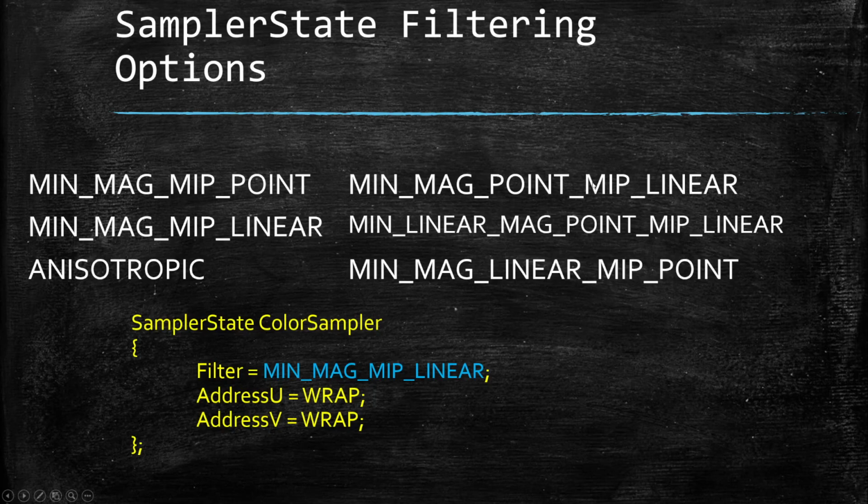All right, now you could break it up if you wanted to, or if you had to. You could say, okay, make the minification and the magnification point and make the MIPPing linear. Or you could make the minification linear, the magnification point, and the MIPPing linear again. I don't know why you would, but like I said. Or you could have the minification and the magnification done with linear, and then the MIPPing all done with point.